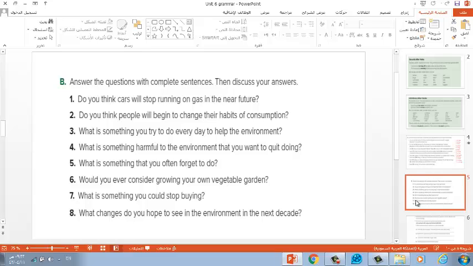And can anybody think of new things to keep the environment clean? Of course, there are dozens of ideas you can think of to keep the environment clean. Now, what is something harmful to the environment that you want to quit doing? Yeah, littering. Personally, I would say littering.